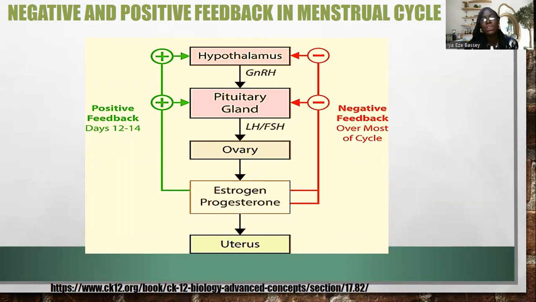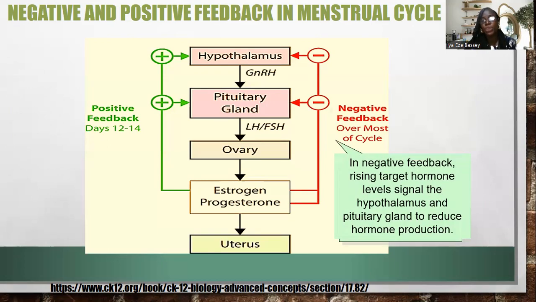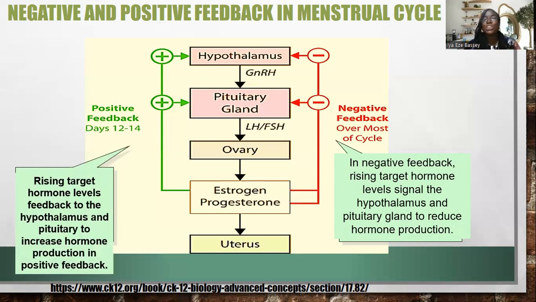But when it comes to day 12 to 14, which matches our ovulation period, we have positive feedback working. Usually in negative feedback, rising target hormone levels signal the hypothalamus and pituitary to reduce hormone production. But at ovulation, rising hormone levels give feedback to the hypothalamus and pituitary to increase hormone production, in positive feedback.